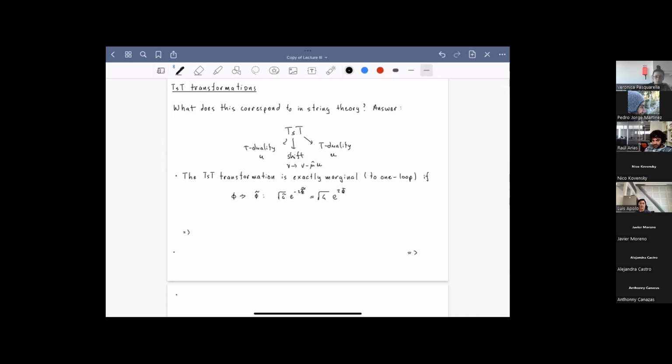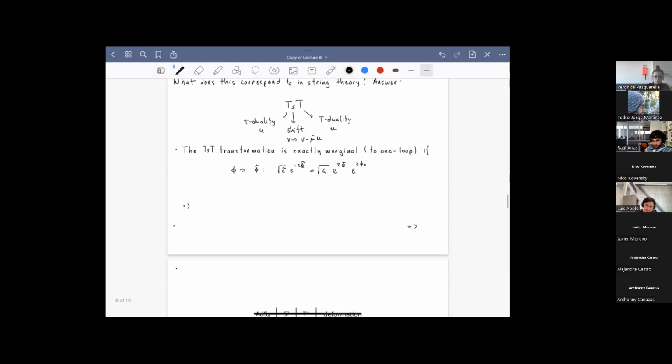But in our context, it turns out that we're going to need to add an additional constant, which doesn't spoil the equations of motion. You can always add it, and it turns out to be important, as we will see soon enough. In other words, the fact that this TsT transformation is exactly marginal to one loop is just telling us that TsT is a solution generating technique of supergravity. It's going to give us a new solution.